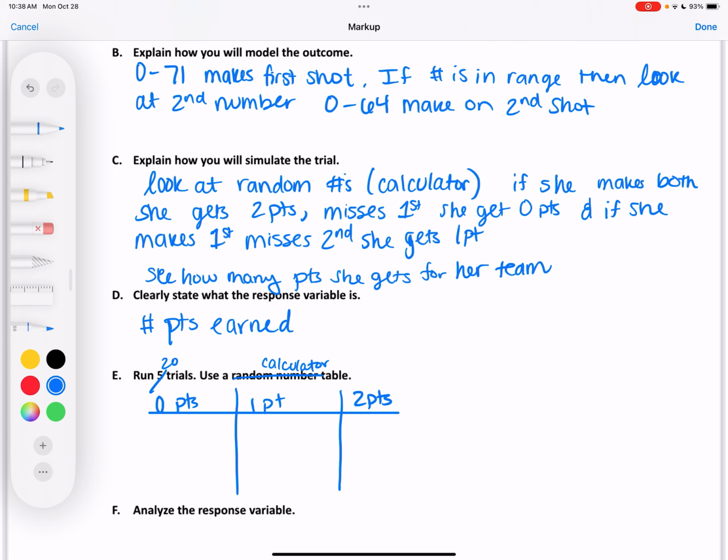So we're going to do random integer 0 through 99, and I need 2 at a time. I only pay attention to the second number if the first one's in range, but that way you don't have to click it so many times. It'll produce multiple. So math, probability, random integer 0, 99, 2, and then just keep running it over and over again.